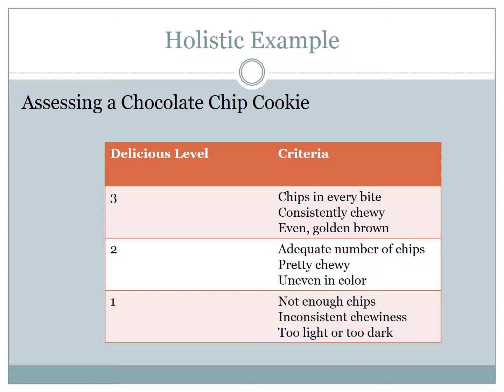So maybe while this rubric could be improved, I want you to notice two things. One, it's holistic in that every criteria doesn't get its own row. You can lump them all together and give it one score. And two, I want you to focus on how we've made the deliciousness of the cookie a little more objective so that we get a better scoring.